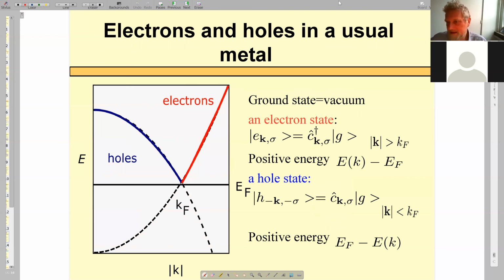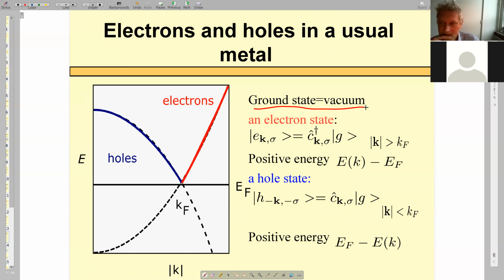Let us first see what we can say about usual excitations. Right, first of all, excitations in a metal. No polarization yet. Good. The ground state can be seen as a vacuum for our metal.